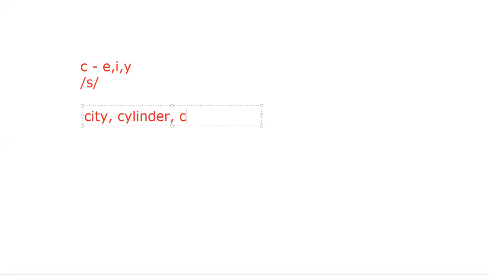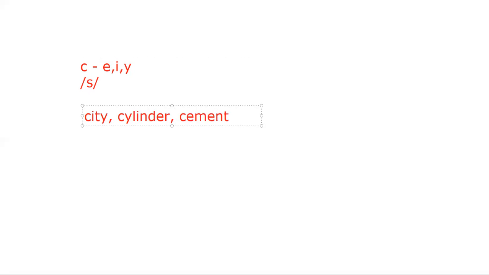If C is followed by E, I or Y, then it gives which sound? S sound. Yes. For example, can you give me some examples? City, cylinder and cement.